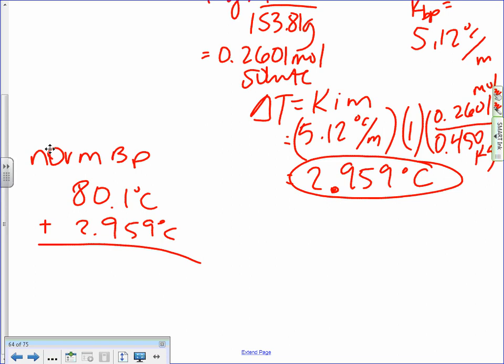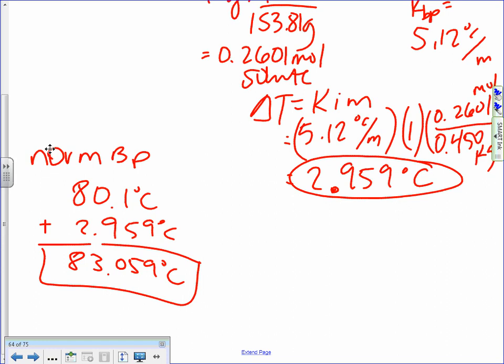So that's 83.059. So about 83.1 degrees Celsius is our new boiling point of benzene. That one was just harder because you probably didn't realize you needed to look up the boiling point of benzene.